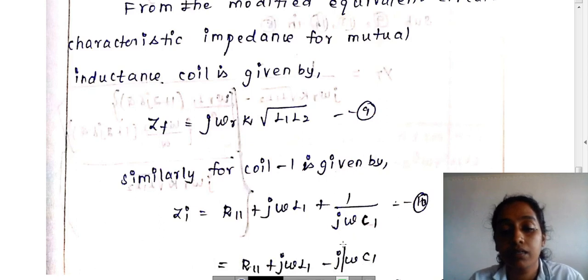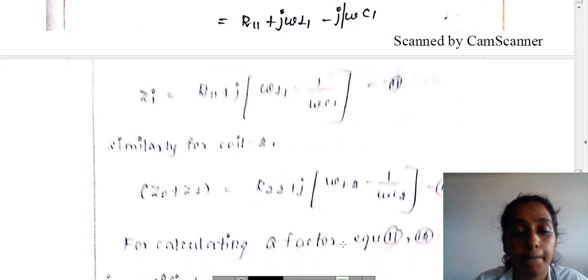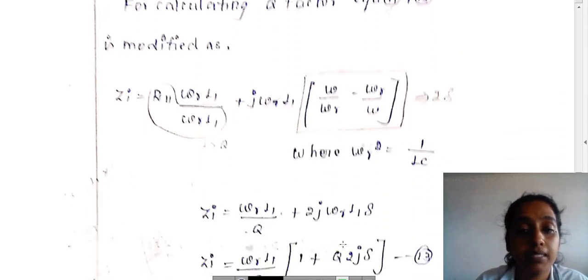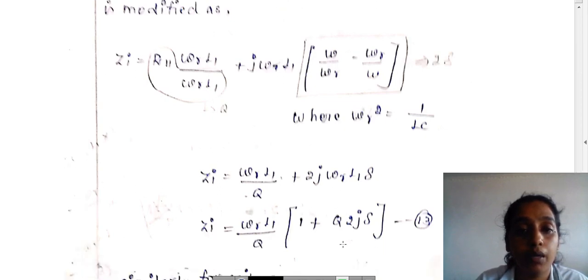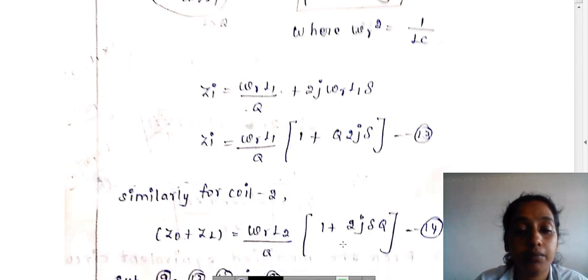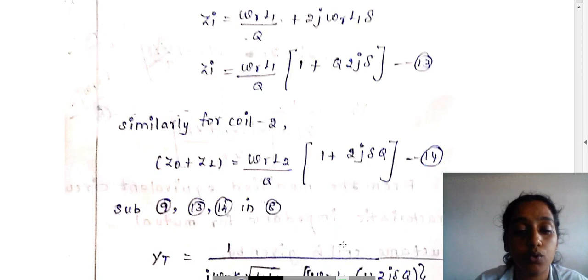Similarly, for coil 2, Z0 plus ZL is R22 plus j into omega L minus 1 by omega C. So calculating the Q factor, by multiplying and dividing by omega r L1, I get Zi as omega r L1 by Q into 1 plus 2j delta Q. Similarly, for coil 2, Z0 plus ZL is omega r L2 by Q into 1 plus 2j delta Q.